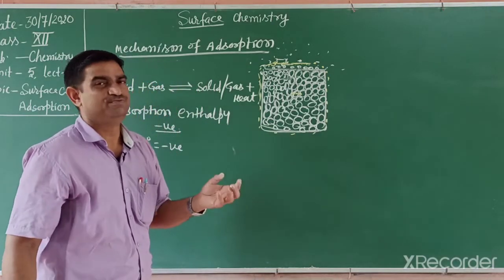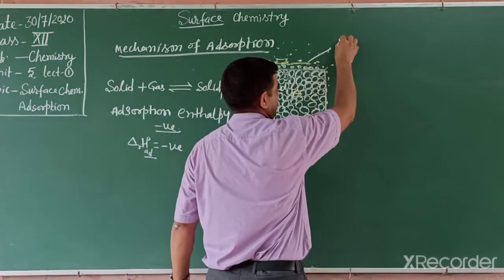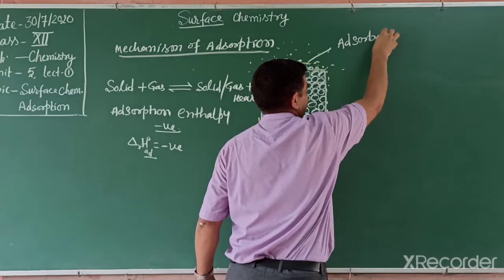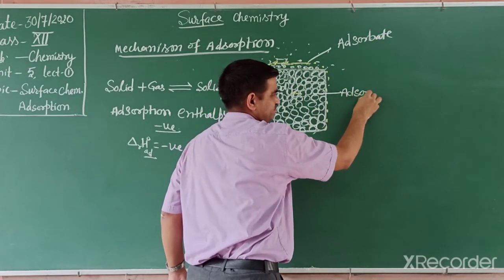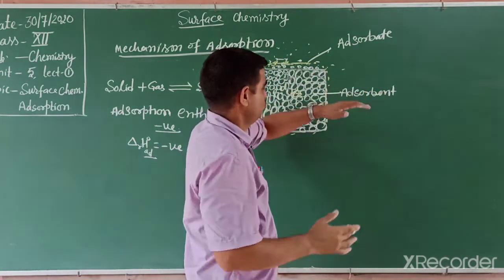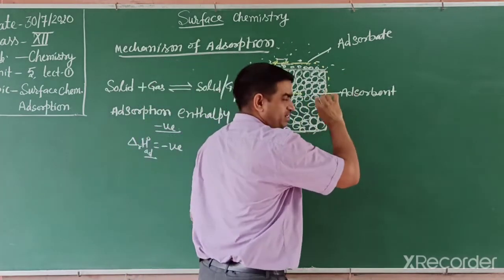The force may be weaker or stronger. This is the adsorbate, and this is the adsorbent. Between adsorbate and adsorbent there is a force of attraction. That force of attraction may be weaker or stronger.